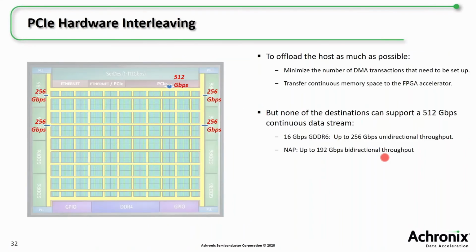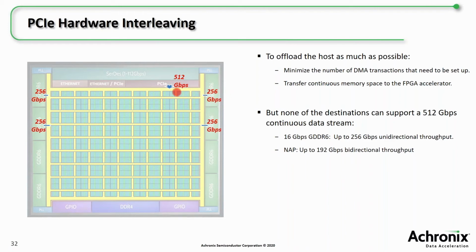We have another feature that we've built in to enable this kind of very high performance interface. So in order to offload a host as much as possible, you want to minimize the number of DMA transactions the host has to take care of. That means that you want to be able to transfer contiguous memory spaces to the FPGA accelerator. But to do this, you would need the memory interfaces to be able to keep up with the 512 gigabit per second of unidirectional bandwidth that you're getting from the PCI Express interface. With today's technology, each GDDR6 interface is able to have 256 gigabit per second of unidirectional throughput.